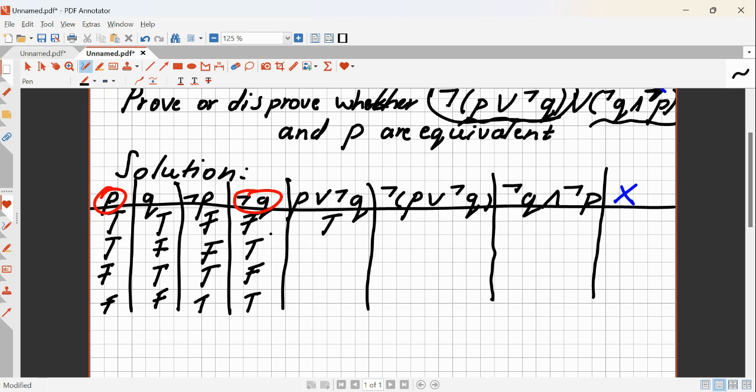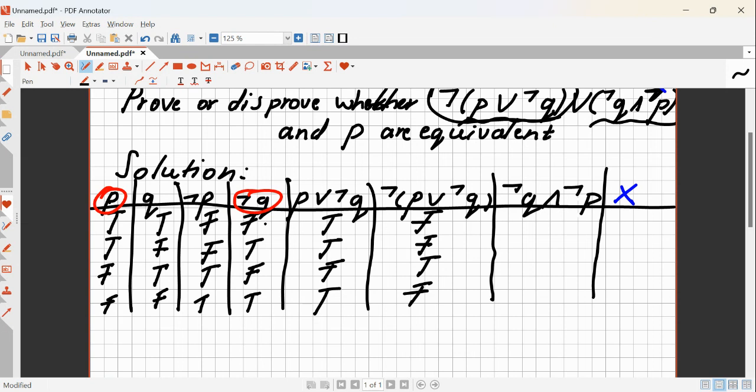When we have T and T together, it's always true. When we have F and F, the output is going to be F. But since here we have this expression in not, we will receive the opposite output, which is F, F, true, F.